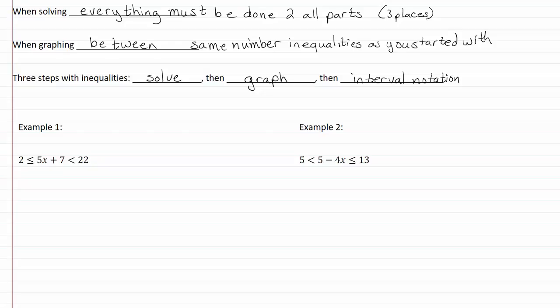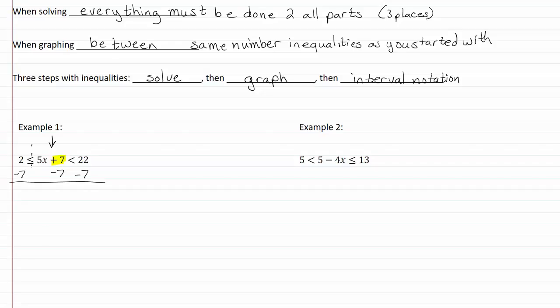Now the key to starting these is always that we're going to start in the middle where our variable is. So just like when we're solving an equation, we start with the number part. And we're going to add the opposite to our number, which should be a negative 7. Now notice I've written it down 3 times.